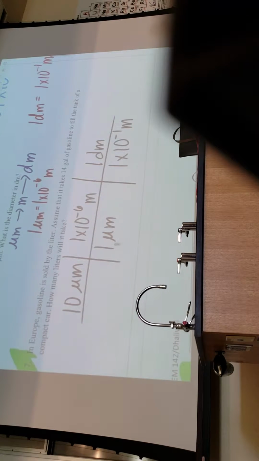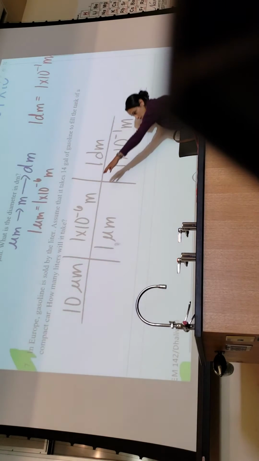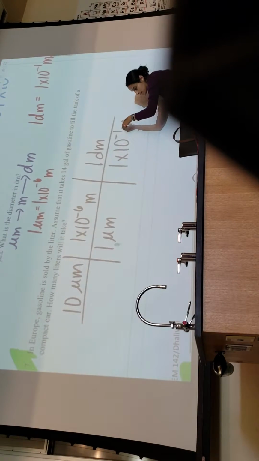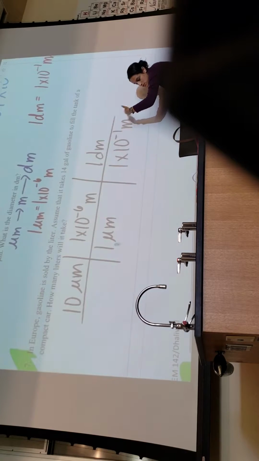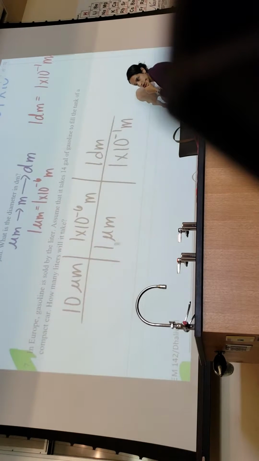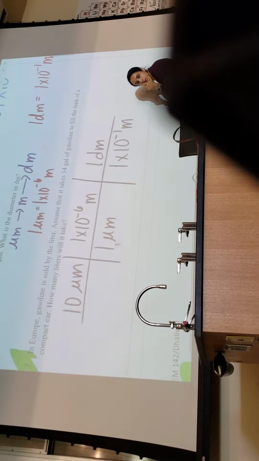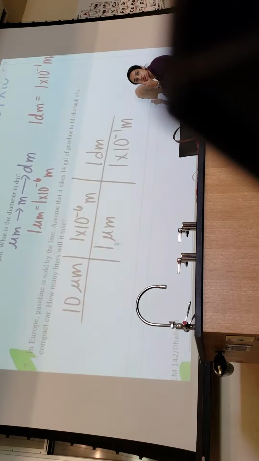Now, if I look at this, you technically don't need a calculator, because when you look at exponents, here I'm dividing 1 times 10 to the -6 by 10 to the -1. So what do I do to the exponent part? You subtract.